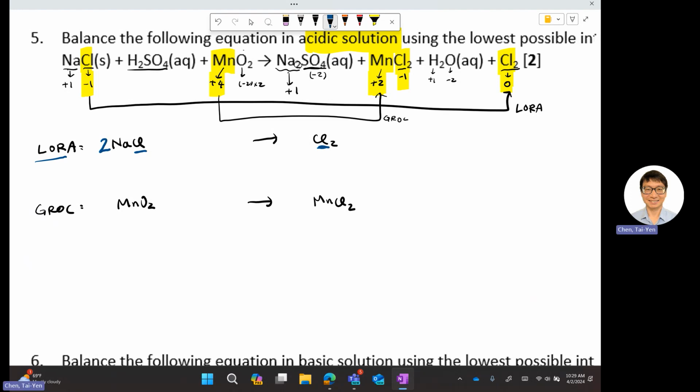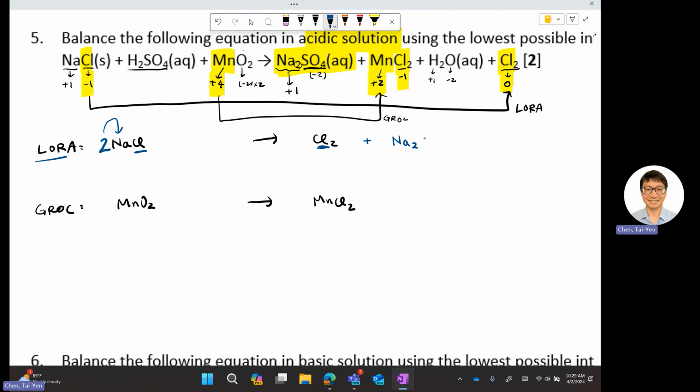Then you realize that you have 2 Na on the reactant side but no Na on your product side, so you want to introduce Na. Looking back at your equation, the only species that can provide Na is Na2SO4.